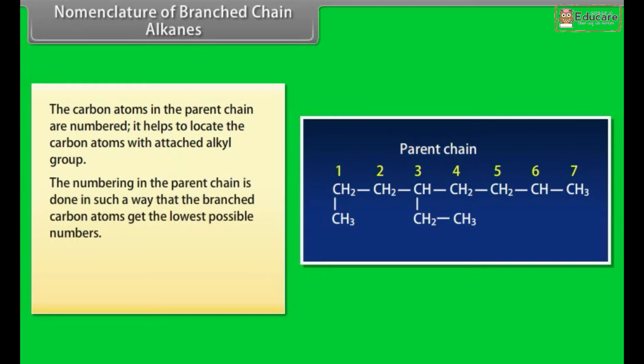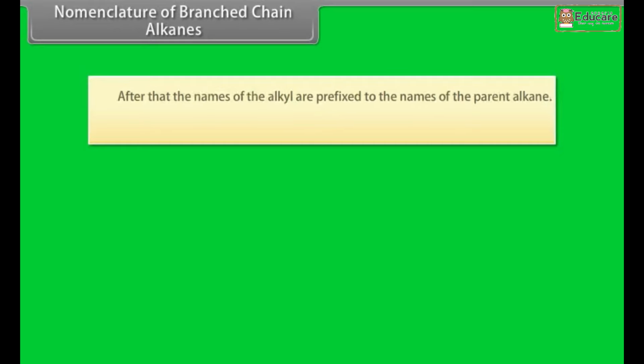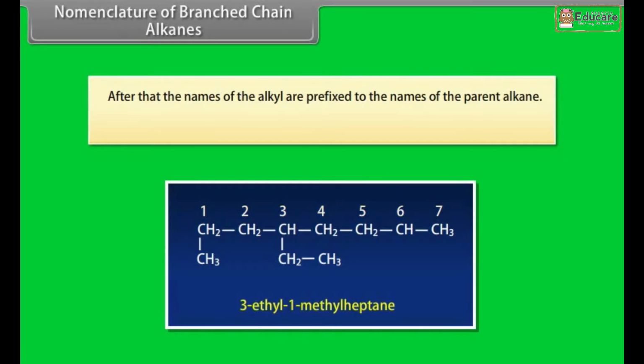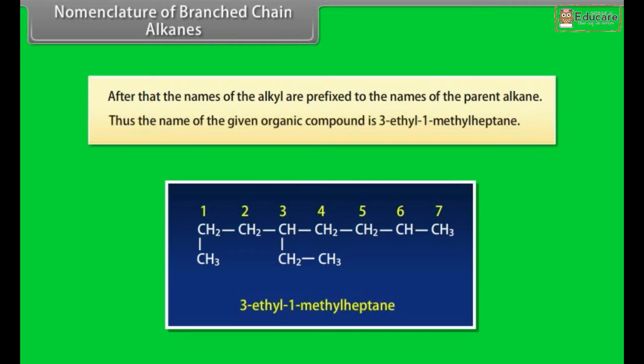The numbering in the parent chain is done in such a way that the branched carbon atom gets the lowest possible number. That means the numbering in the given carbon chain is from left to right. After that, the names of the alkyl groups are prefixed to the name of the parent alkane. Thus, the name of the given organic compound is 3-ethyl-1-methyl heptane.